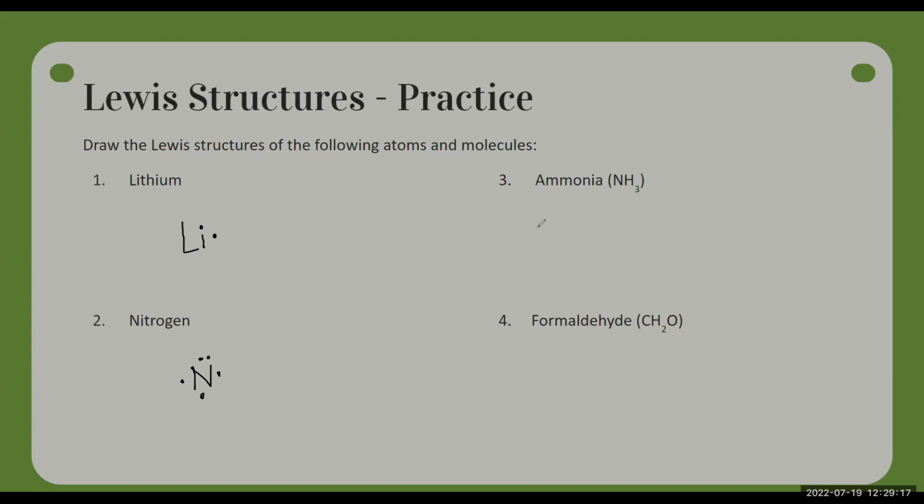Moving on, we have ammonia, which has the molecular formula of NH3. So hydrogens, they are usually going to be terminal, so they're going to be on the endpoints. So what I like to do is I like to draw out the Lewis dot structure of each atom.